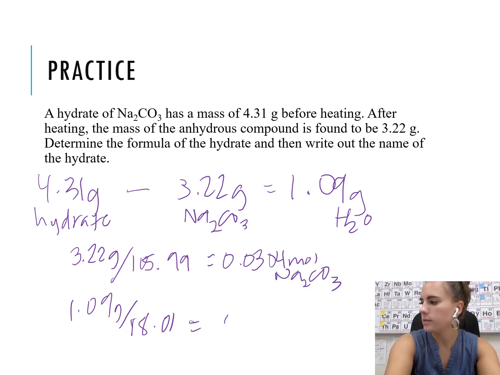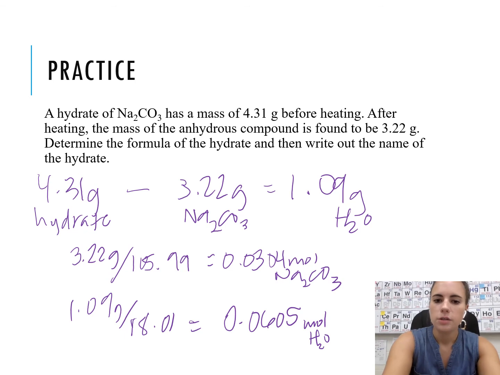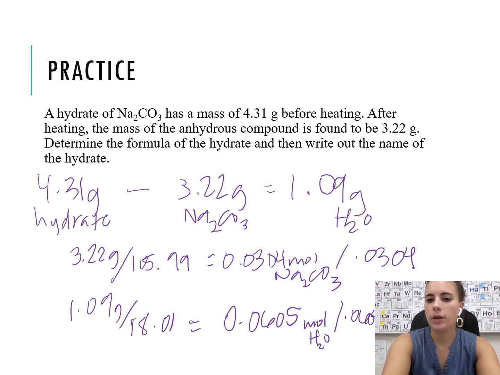And I get 0.0605 moles of water. So I divide by the smallest one, which is 0.0304. Sorry, I'm out of room. And when I do that, I of course get 1 and 2. Sorry, divided by the smallest one, 0.0304. And I get 1 to 2.